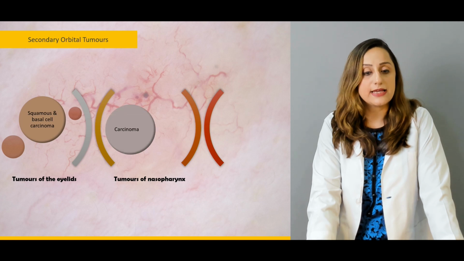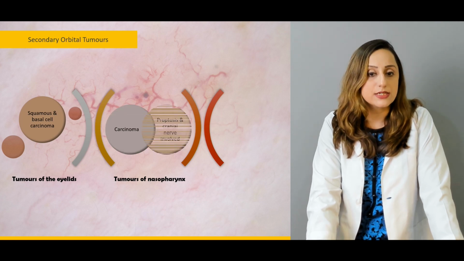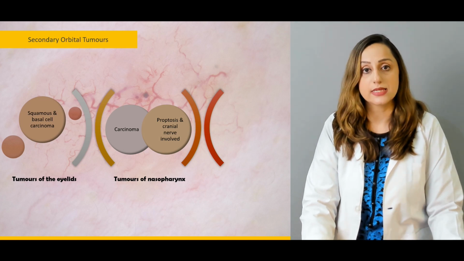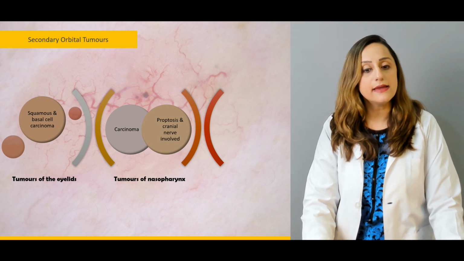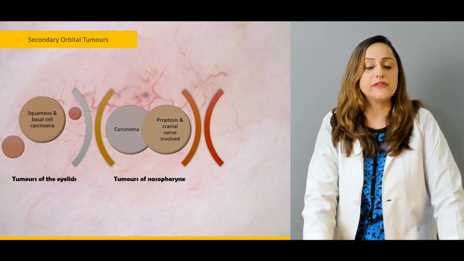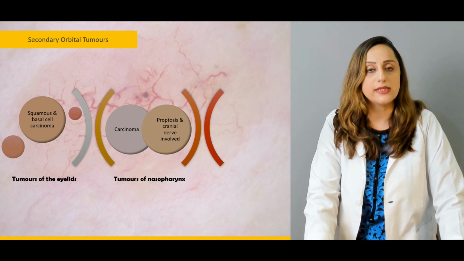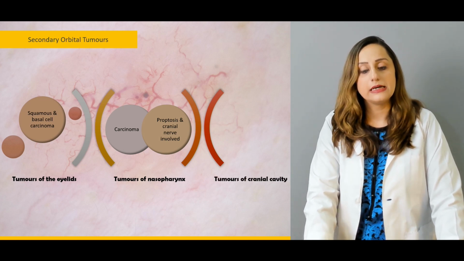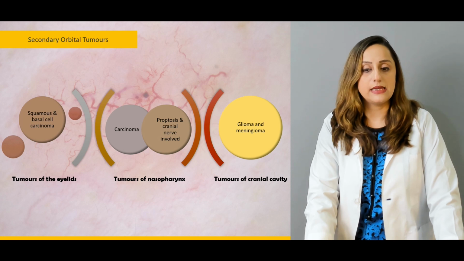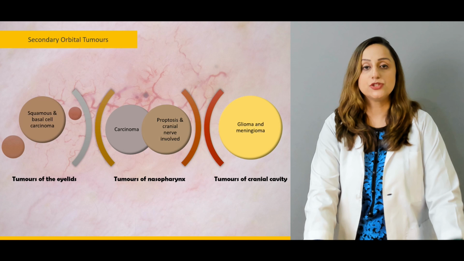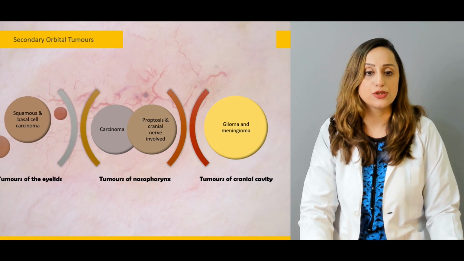The tumors of the nasopharynx can be carcinomas, and they can present with proptosis in the individuals. The cranial nerves are also involved, due to the fact that the third, fourth, and sixth cranial nerves pass through the orbital cavity. The tumors of the cranial cavity itself can be gliomas as well as meningiomas, depending upon the location of the tumors.